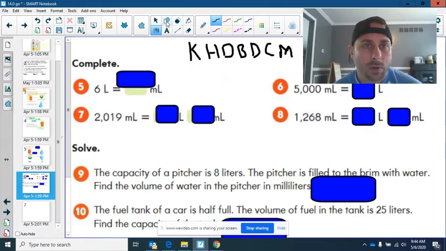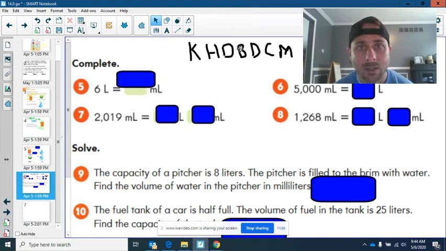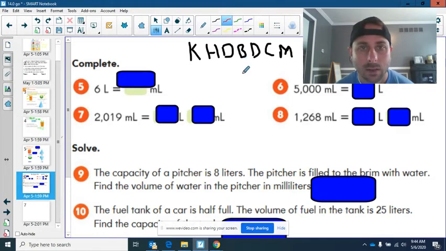Let's look at this first one here. 6 liters is how many milliliters? So if the base unit, in this case, I'm going to grab a new color, is liters, okay? I'm starting at 6 liters, so I'm starting here, and I'm going to milliliters, which is a smaller unit of measurement. So I'm going to go 1, 2, 3.